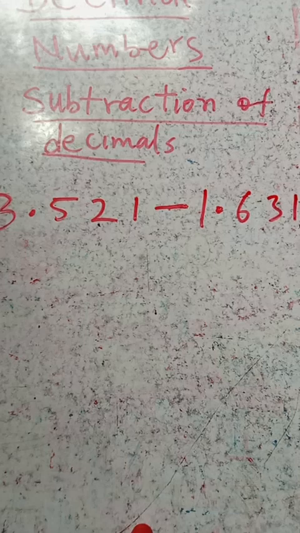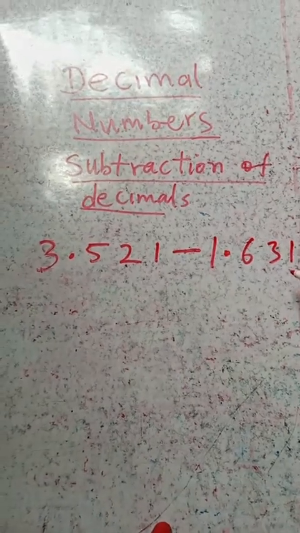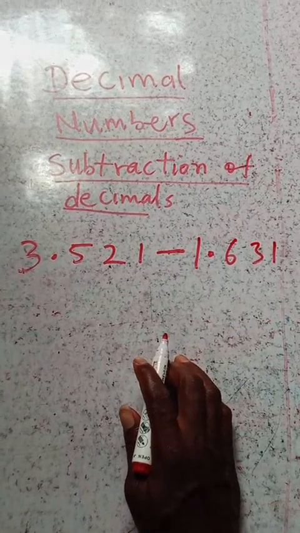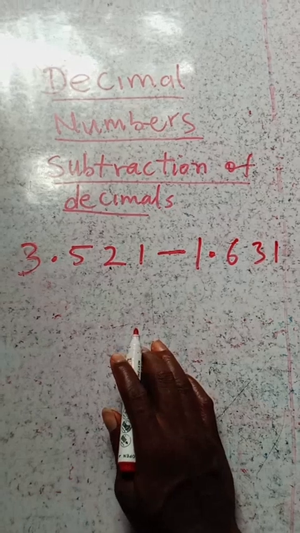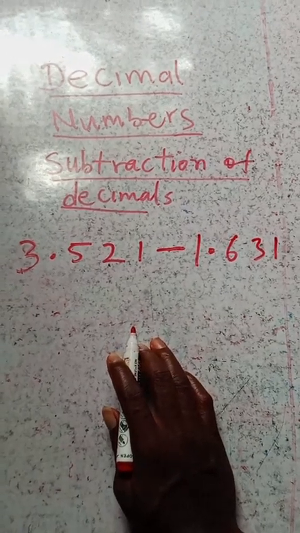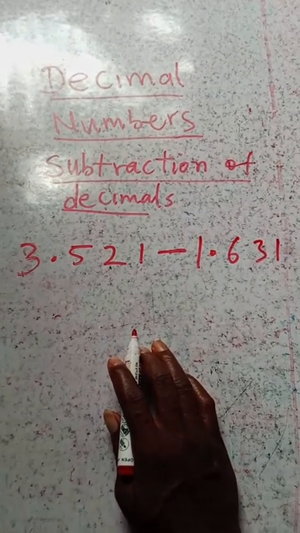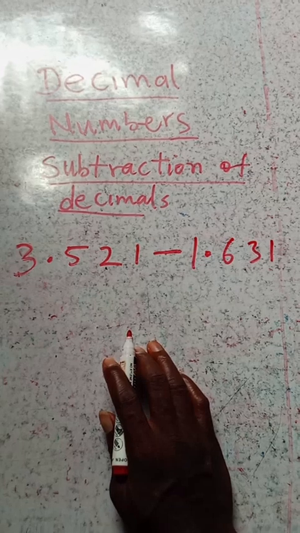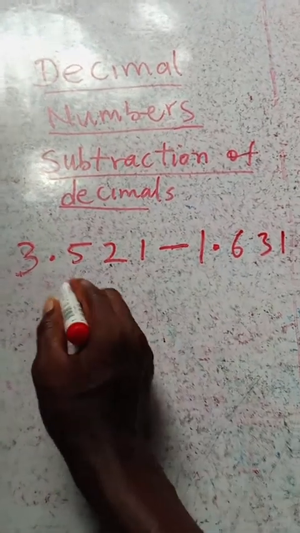All right, minus 1.631. If you have something like this and you are asked to subtract this, I told us always rearrange. How do you rearrange? You rearrange such that the decimal points are corresponding. How do you do that? Now it says solution.